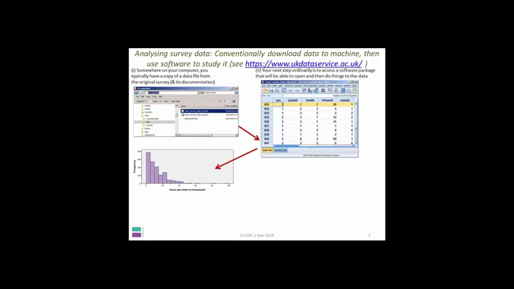This is of course a little bit challenging and does involve a few steps of research, which I try to summarize in these slides. Basically, you're saving a copy of the original data somewhere on your local machine, and because of the scale of the original data, you're nearly always using a software package to then open up the data and do some analysis on it.